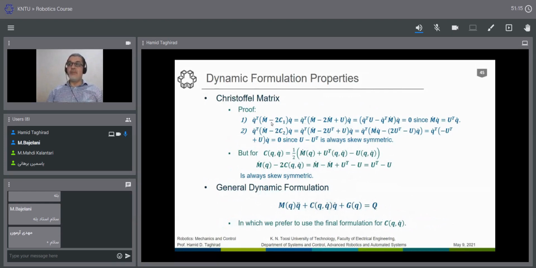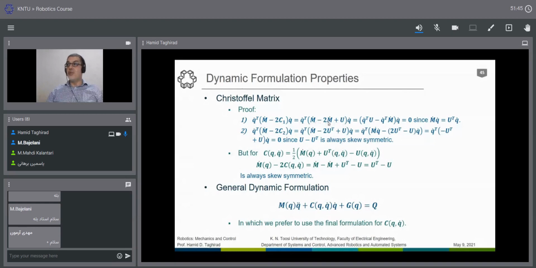And here we have brought to you the skew symmetricity property of any of these three equations. As you can see, this is q̇ times (Ṁ minus 2C1) times q̇. Instead of C1, we can use the first formulation, Ṁ minus half U with a minus sign.